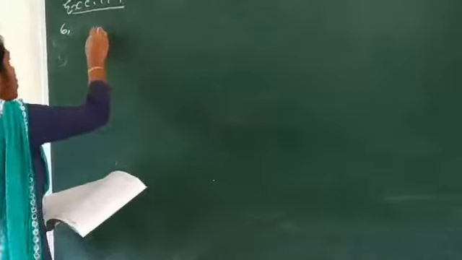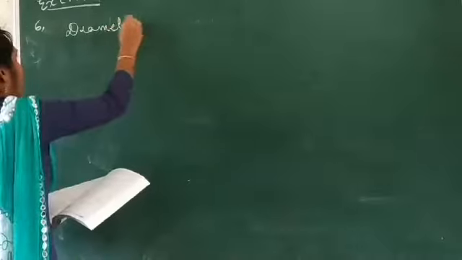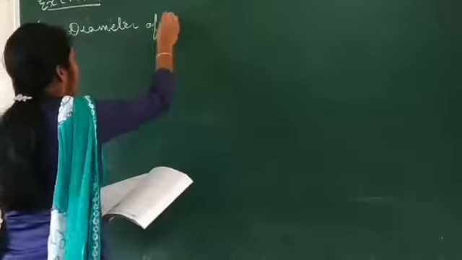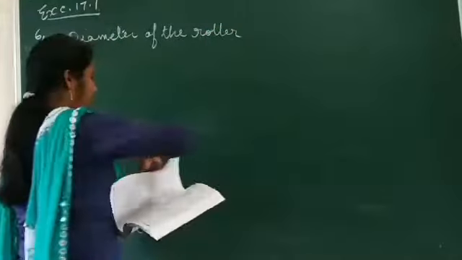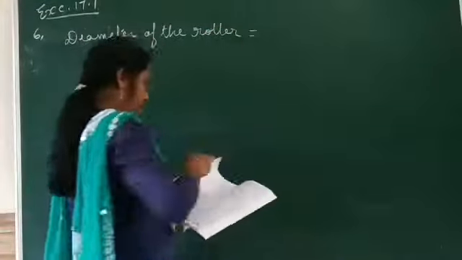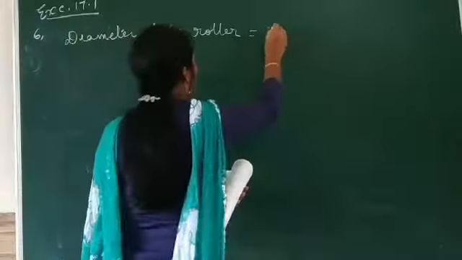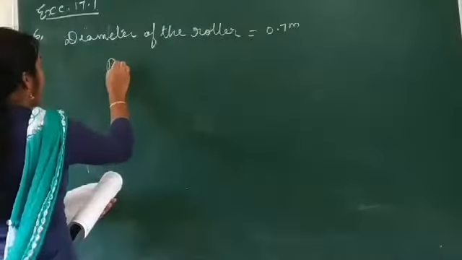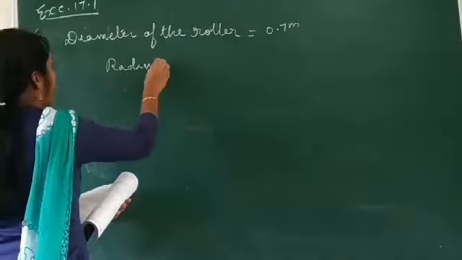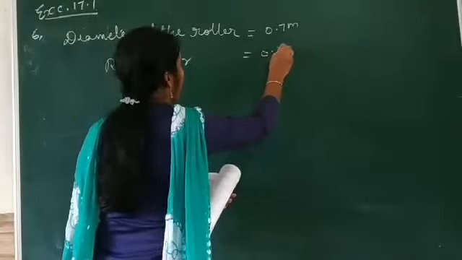So we can write diameter of the roller is equal to 0.7 meter. That means the radius R is equal to 0.35 meter.